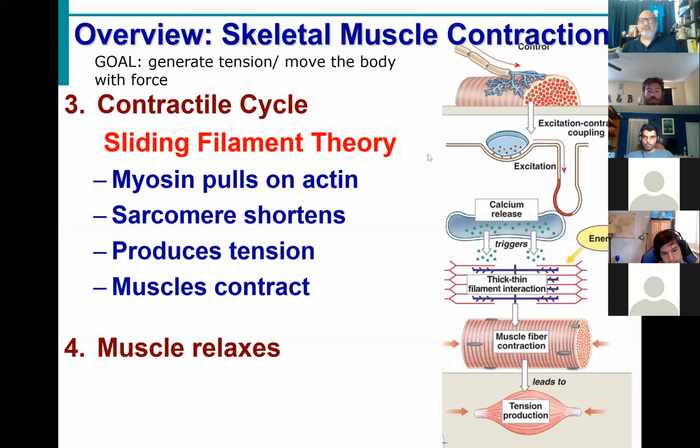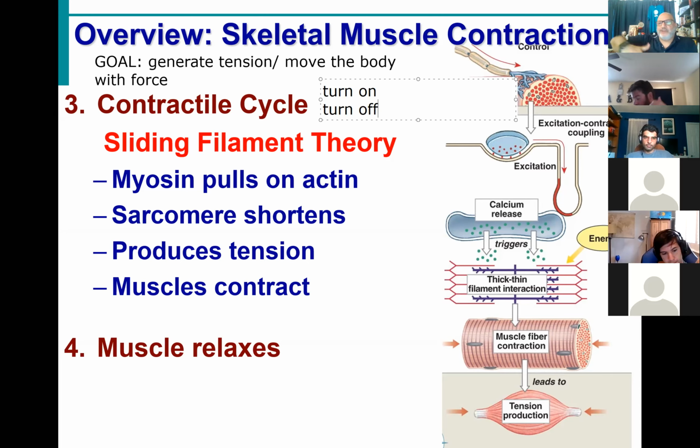We can talk about muscle relaxation as its own step, or like we also talked about, we can just talk about how we turn on a step and how we turn off a step. So we'll think about muscle relaxation in both ways. We can put it together as a singular process, but we could also talk about turning it on and turning it off.